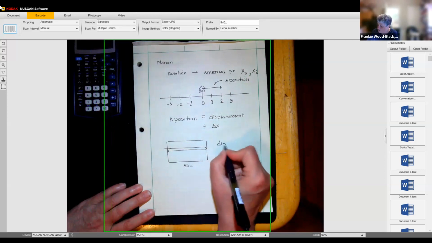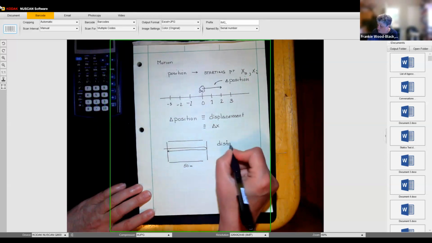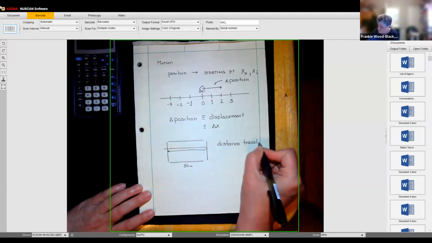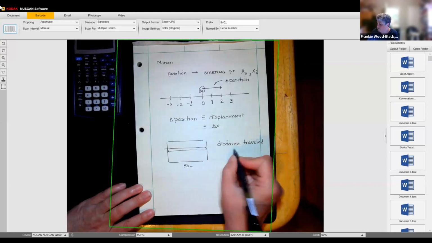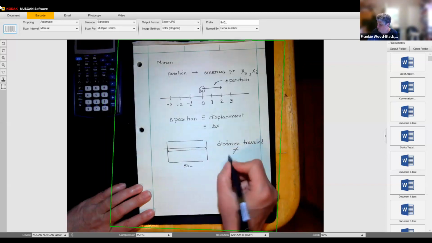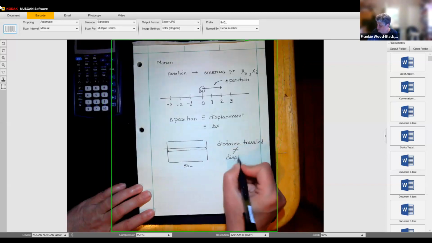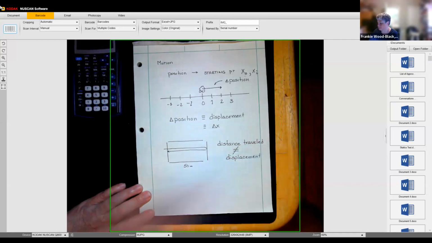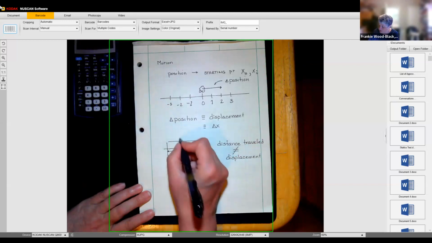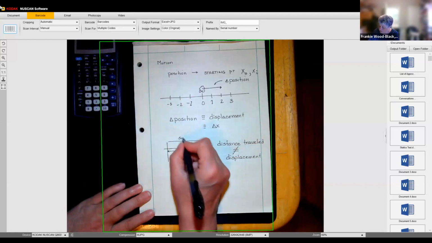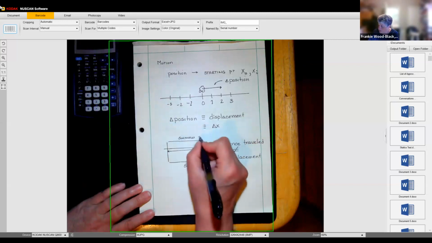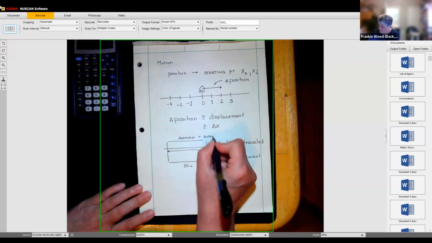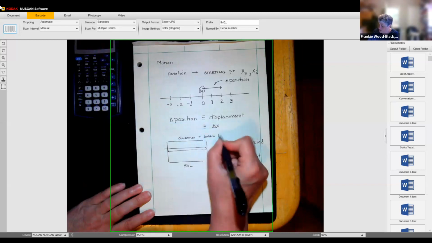Distance traveled is not equal to displacement. Because my swimmer swam 100 meters.